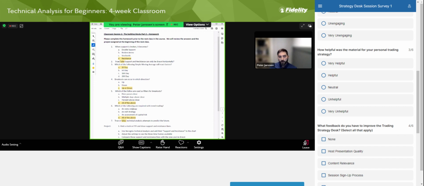Which of the following are required with trend trading? Having an entry strategy, having an exit strategy, or some type of assessment of capital risk. And it's all of the above: position management, position sizing, knowing what is going to trigger us to get into a trade, and also knowing when the trade thesis that prompted our entry is going to get invalidated and make us exit.